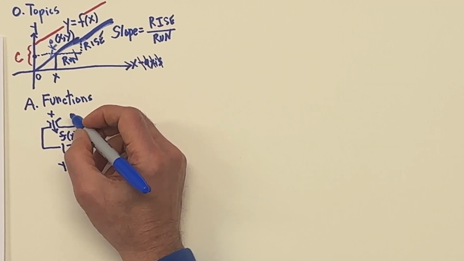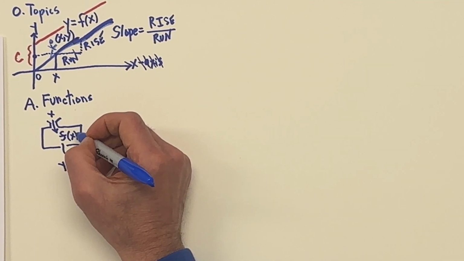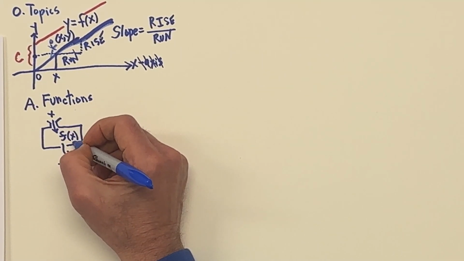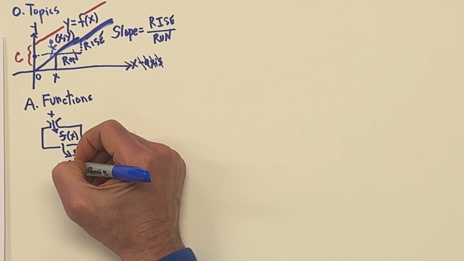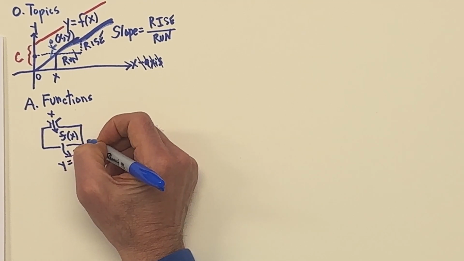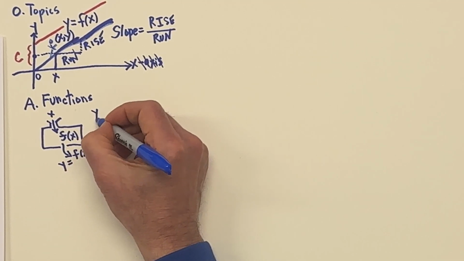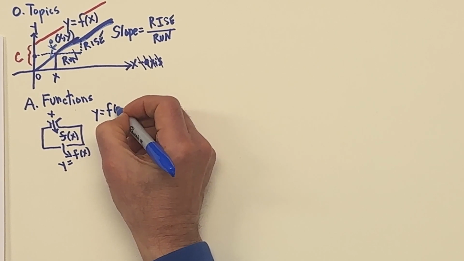So we can simply refer to the function as the f function, f of x, which is going to then take the x, eat it up, and transform it, and out comes f of x, which is y. So we write down y equals f of x.